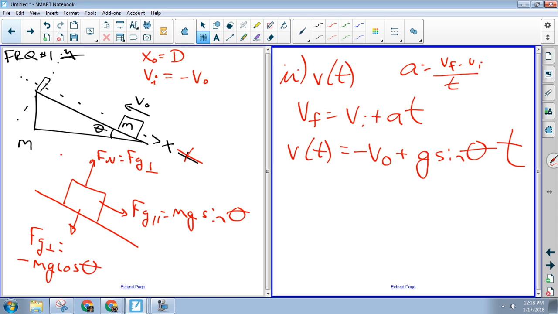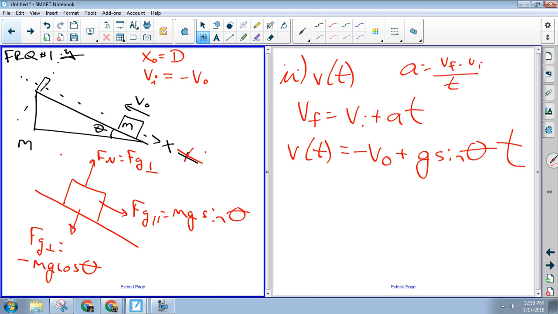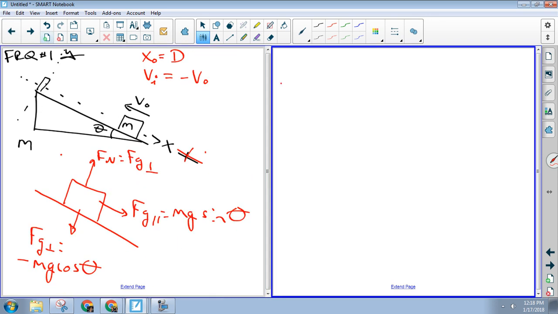Roman numeral 3 says, give me an expression for the position as a function of time. Once again, you can use calculus to solve this, but there's a much easier way. The acceleration's constant, right?